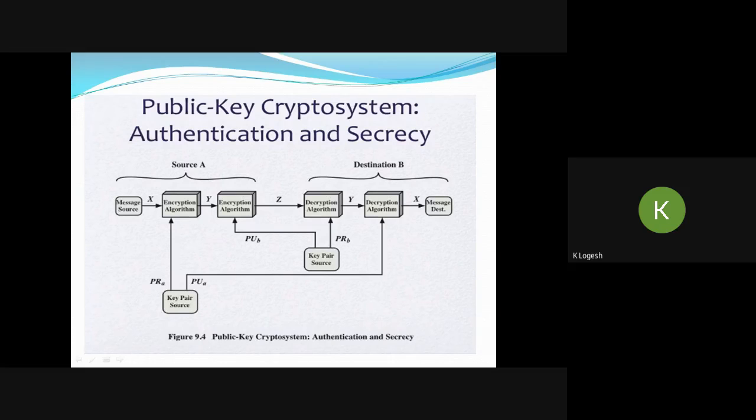X equal to D of public key of A, and Y. Y is decryption of private key of B and Z. So this equation is for proving authentication as well as secrecy. I think until this we have discussed it.